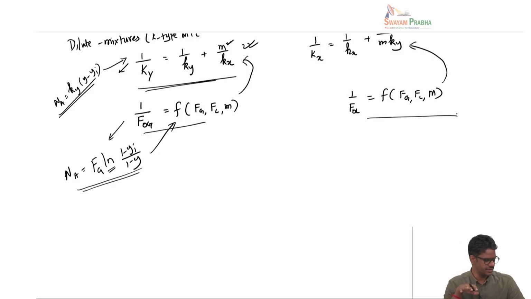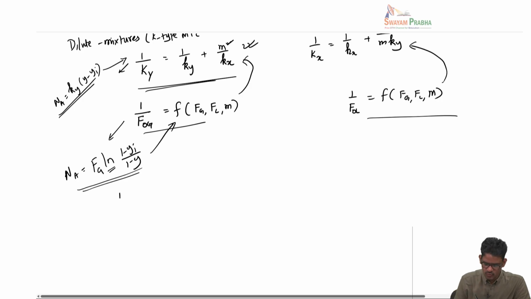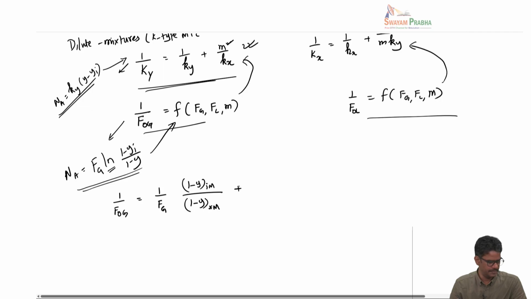So let me just give you the expression that 1 by FOG is written as 1 by Fg times (1 minus y im) by (1 minus y star m) plus m by FL.